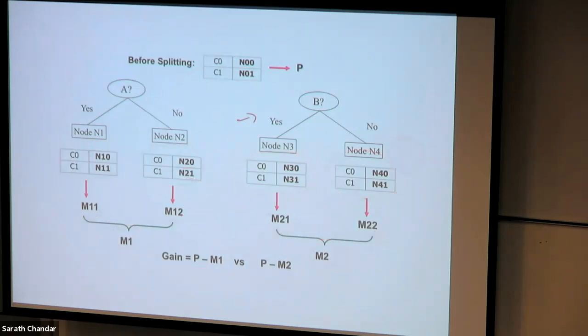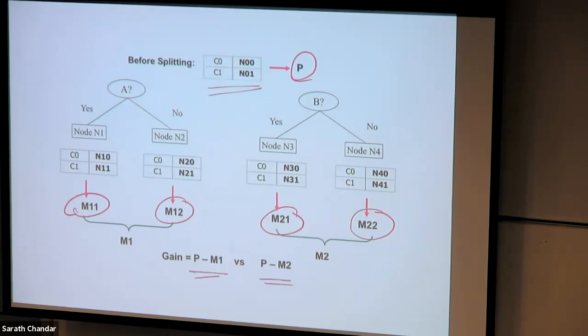Given this node, the data set, we know how to compute P using the Gini index formula. Similarly, we know how to compute M11 and M12. This is Gini for this table, this is Gini for this table, and this is Gini for this table. Now, this is also an easy equation; it's just subtraction.